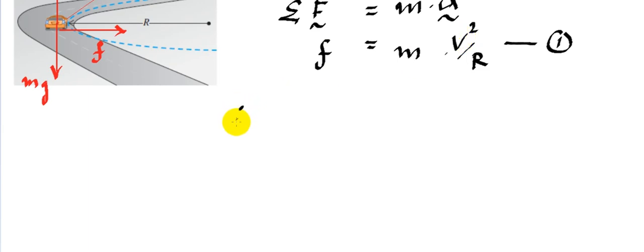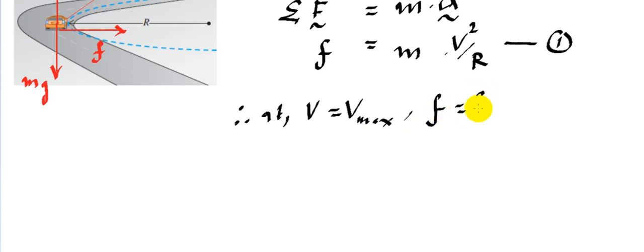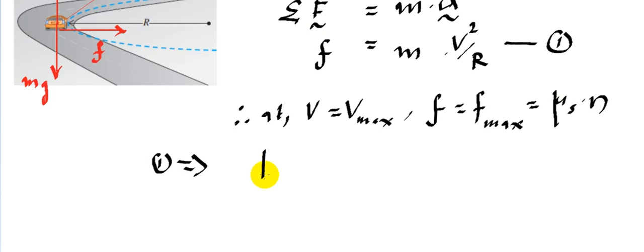Therefore, at the maximum limit, say v max, the maximum limit of the speed, the force has to be at its maximum possible value, which is equal to the limiting frictional force, mu s N. So we can put that value in the place of the force in the first equation, therefore becoming mu s N equals m v squared by r.